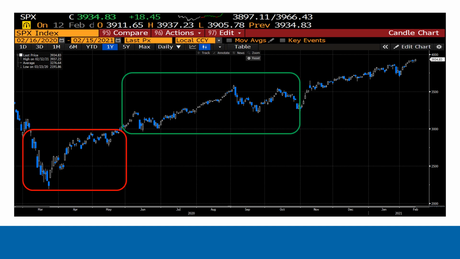So what's interesting here is that even if during the March, April, and May period, you were not participating or trying to pick the bottom, you still had plenty of time to get into a long portfolio bias after that period. And what we mean by not participating doesn't necessarily mean you don't have any position at all.